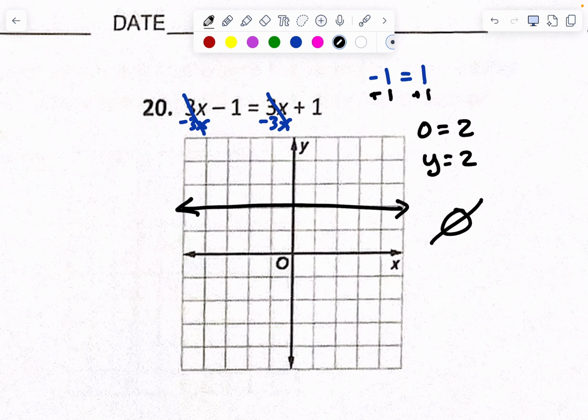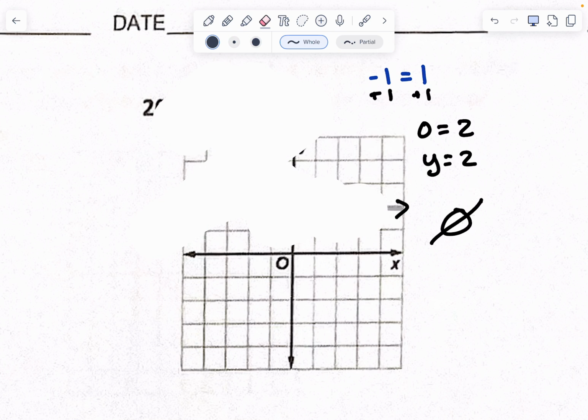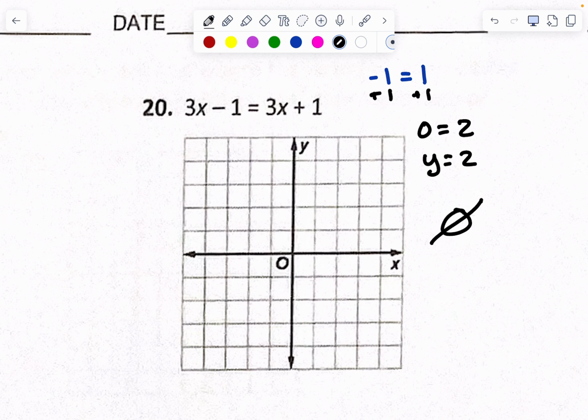Now, if you really want your mind blown, my trig kids right now are doing these, but they're not moving anything. They're graphing 3x minus 1. 3x minus 1 starts at down 1, and it's up 3 over 1, or down 3, left 1. This is what this first one looks like. The second one, they're graphing 3x plus 1.